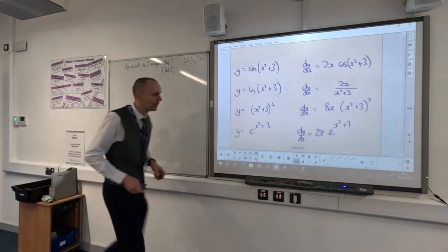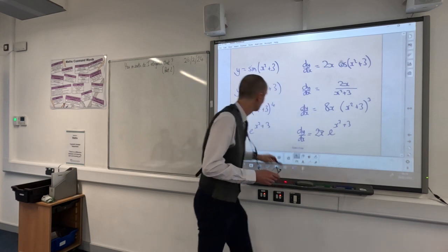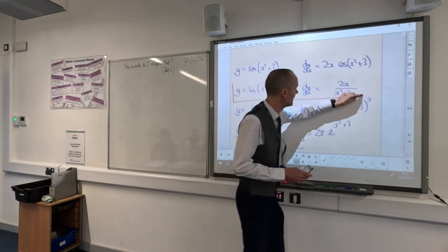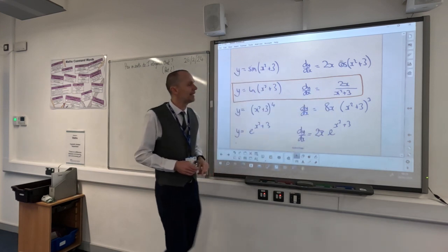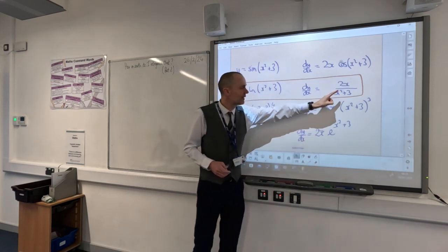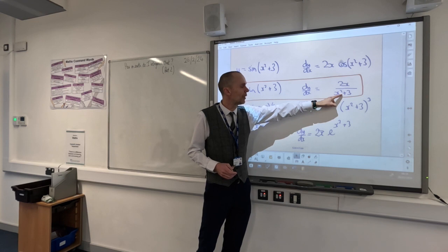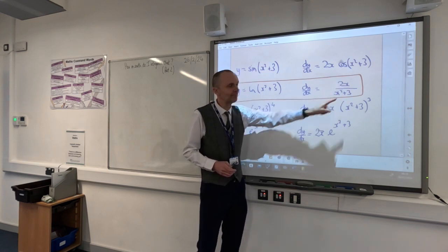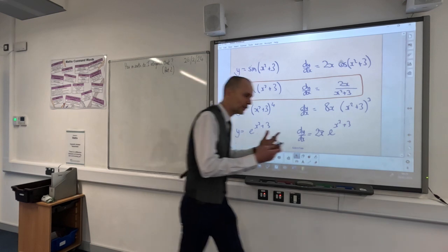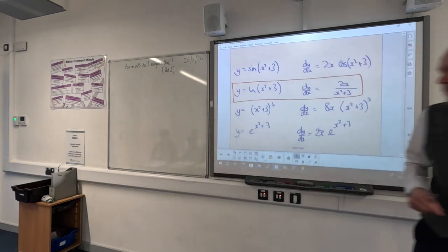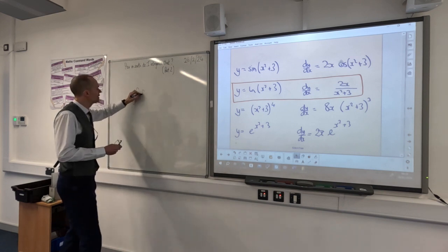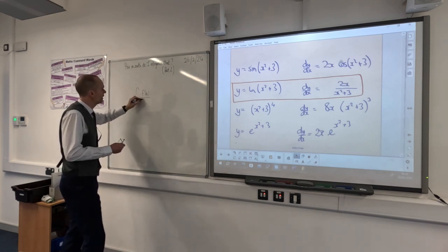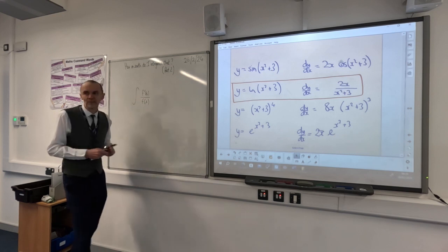And we're going to start by talking about the log ones, okay? Because what I've got here is something on the bottom, and on the top I've got what you get when you differentiate that something. So if I can state that slightly more formally, what we've got there is the differential of something over something.